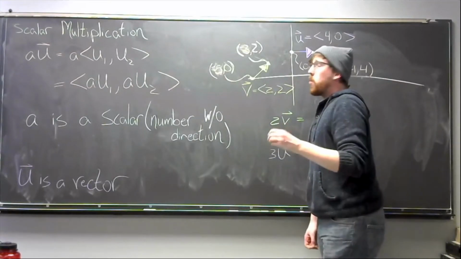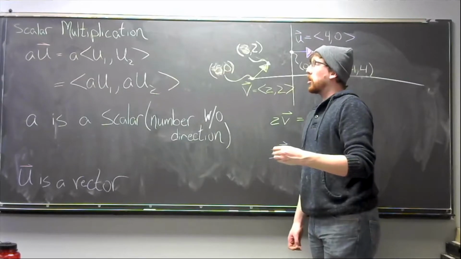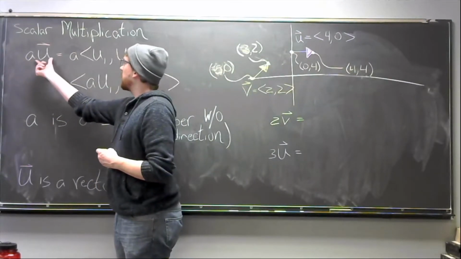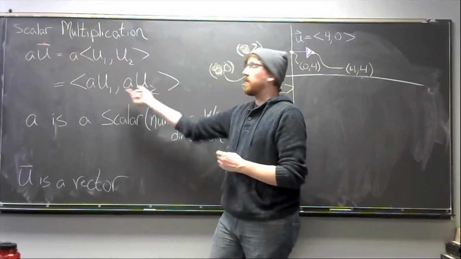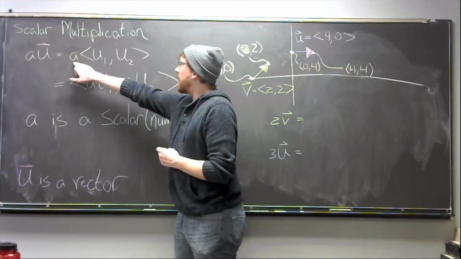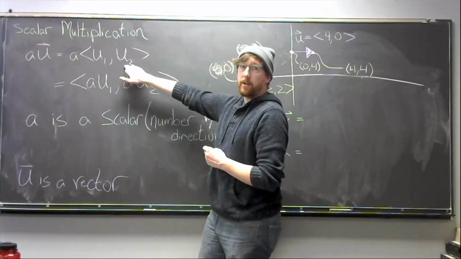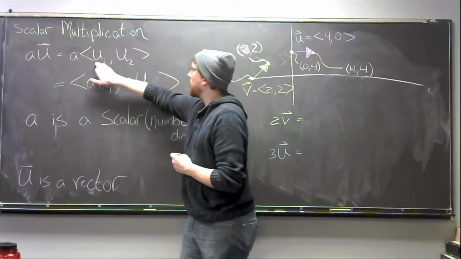Now, when we multiply a vector by a scalar, we're going to have some scalar times our vector, and we can break this out in component form. It's that scalar times the components of our vector, and we can bring that scalar inside.